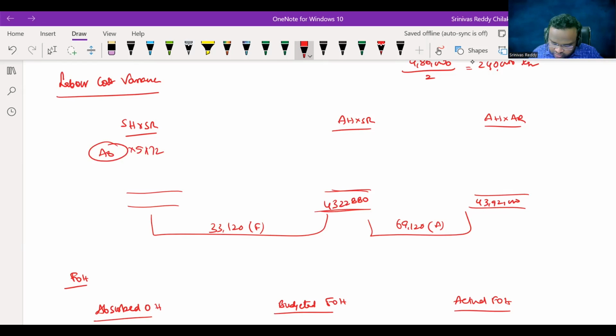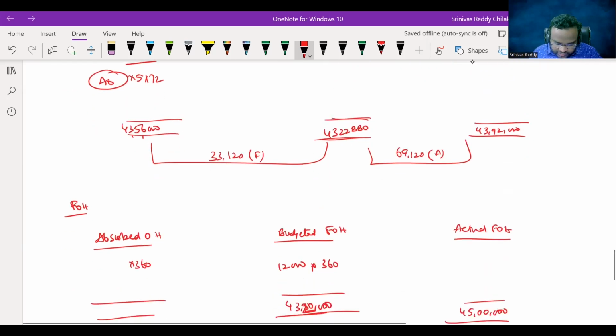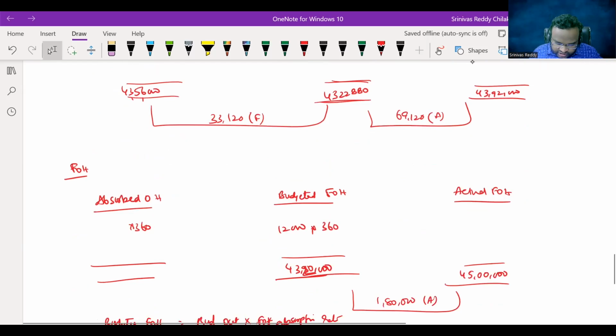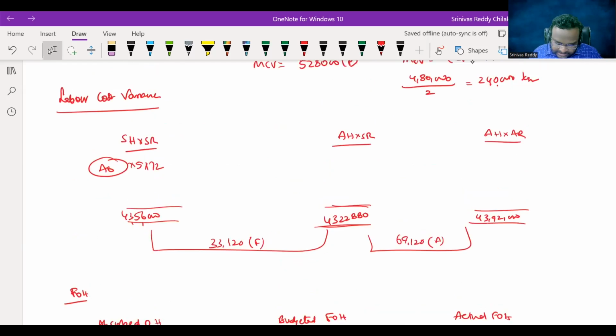You should add it because you're getting favorable. 43,56,000. 43,56,000 divided by 5 divided by 72, or you can work it out by using absorbed overheads also. So 12,100 units.